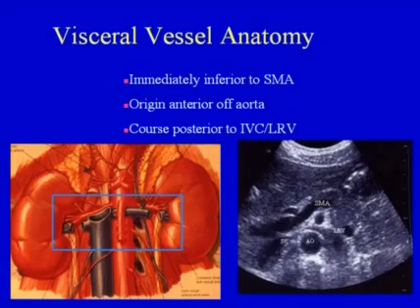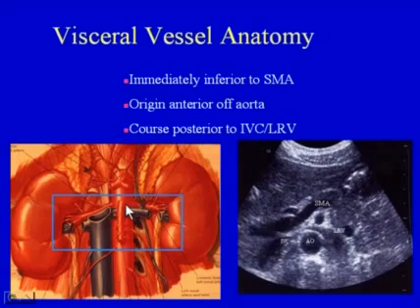Now, in order to conduct a visceral vessel scan and be able to identify accurately the renal arteries, you need to have a thorough working knowledge of the visceral vessel anatomy. So if we look here at the anatomical drawing, we see the abdominal aorta, we see the celiac axis, then the next vessel or branch off the aorta is the SMA, the superior mesenteric artery, traveling inferiorly.